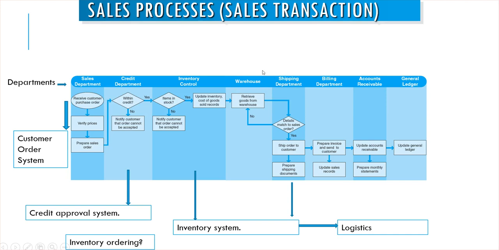Whenever warehouse is notified that something needs to be shipped, and there are documents that are obviously not showing up in this flowchart, this is more of a process flowchart, we are going to retrieve those documents from the warehouse. They're going to be sent over to shipping. And then shipping is going to look at all the stuff, and they're going to ship it out to the customer.